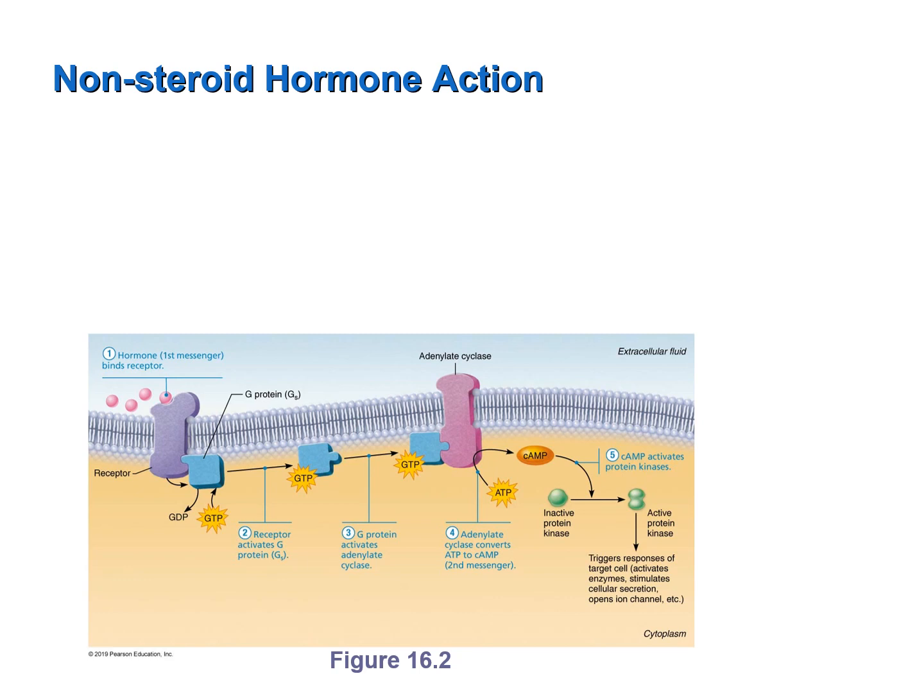This figure just again illustrates the mechanism of action, that is how it works, for a non-steroid hormone. We have the non-steroid hormone binding the receptor on the outer surface of the plasma membrane, causing a cascade of events that leads to the production of cyclic AMP. That's the second messenger, which then causes changes inside the cell.